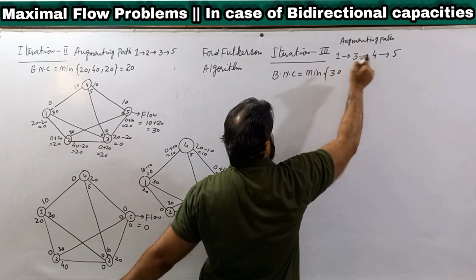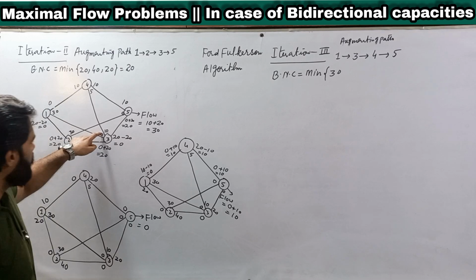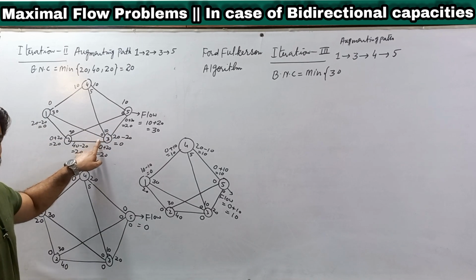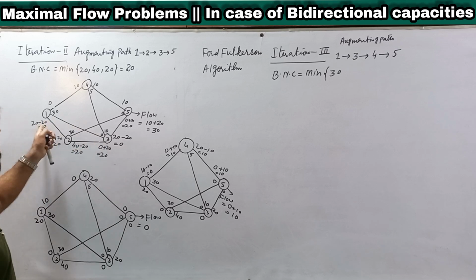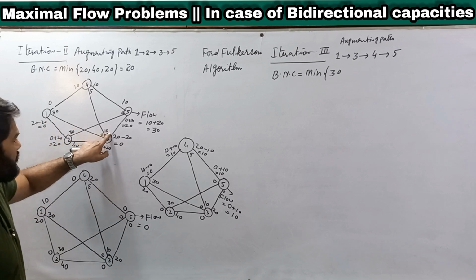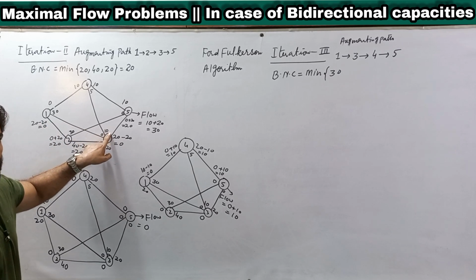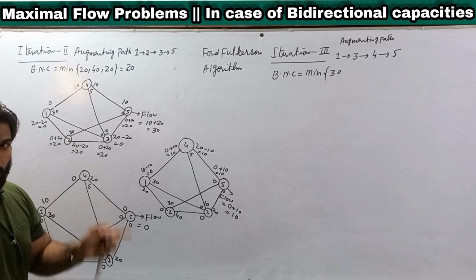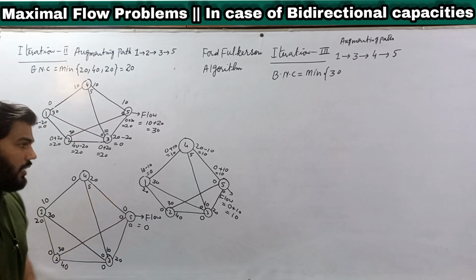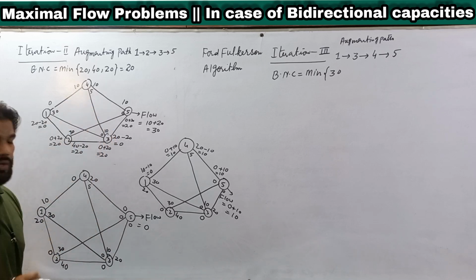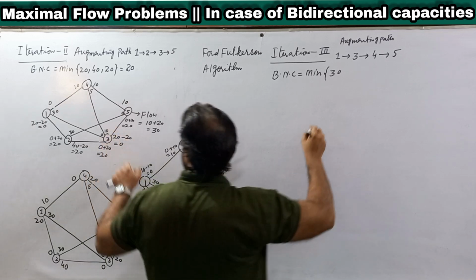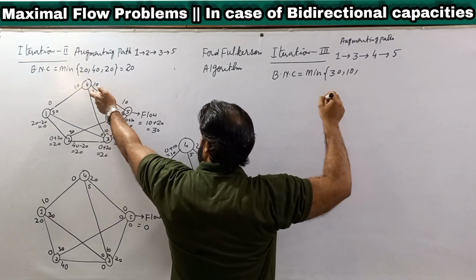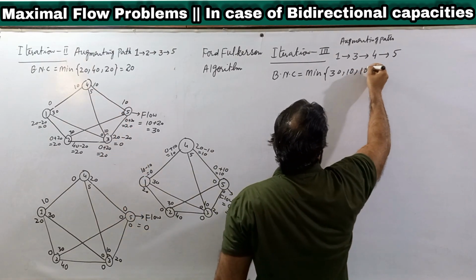Then from node 3 to node 4, this is 10 here. 0 is the capacity from node 3 to node 1, and 10 shows the capacity of the flow from node 3 to node 4. The two capacities between node 3 and 4 are 10 and 5. So this is 10 units, and again from node 4 to node 5 the capacity is 10 units.